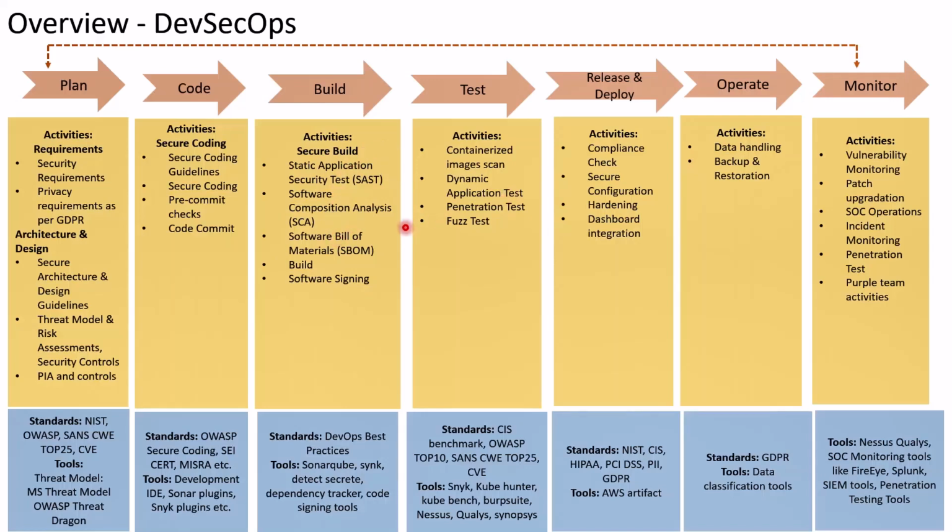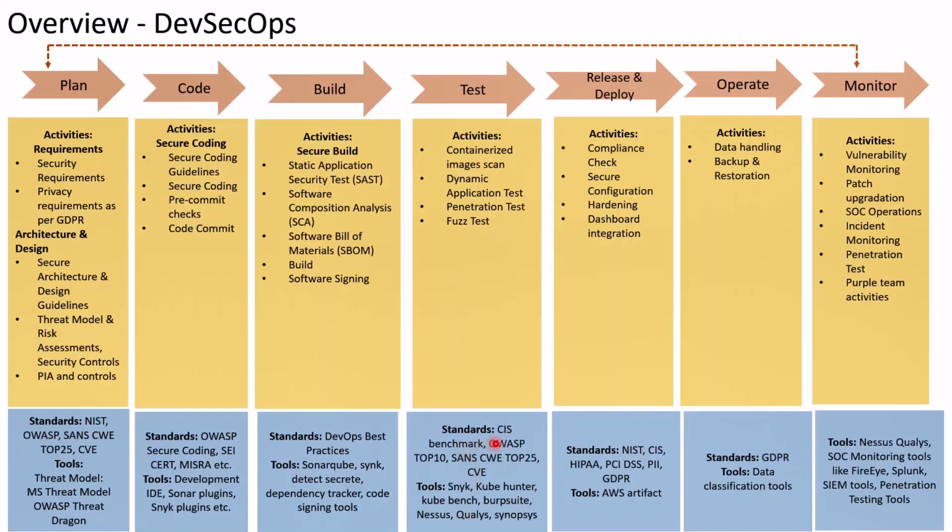Okay, once the build is created and deployed in the runtime, there we can do different types of testing activities like dynamic application test, penetration test, fuzz test. Meantime, if required, the containerized image scan also we can do. So these activities we will do in the test stage.